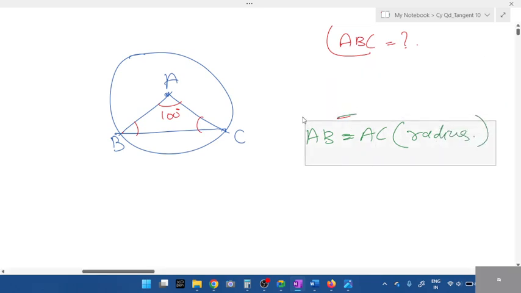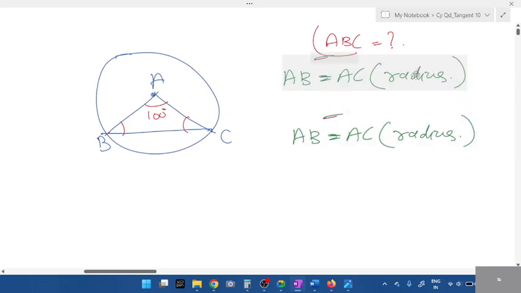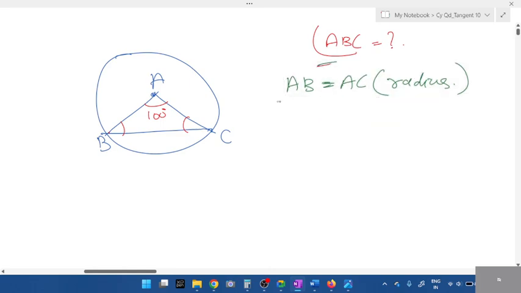How did you all get to know that this is isosceles today? Because of radius, right? Write that first. AB is equal to AC, because it is radius. Therefore, this symbol stands for therefore, ABC is an isosceles triangle.